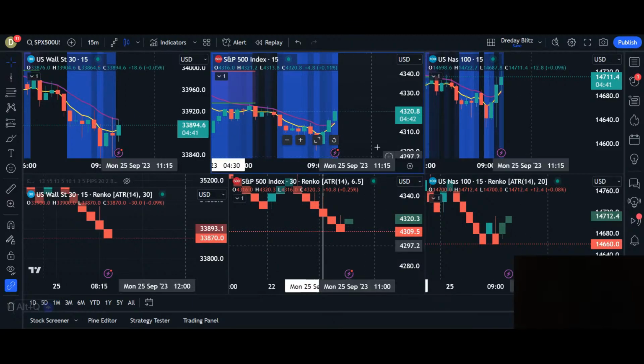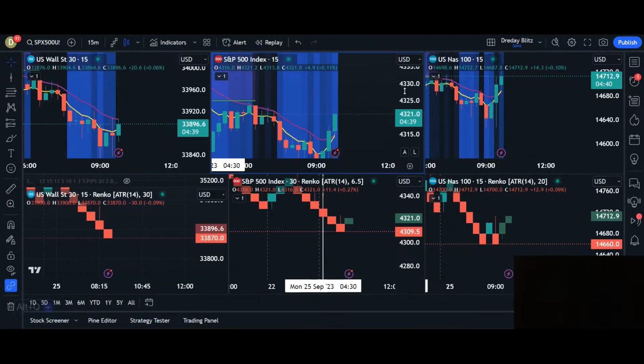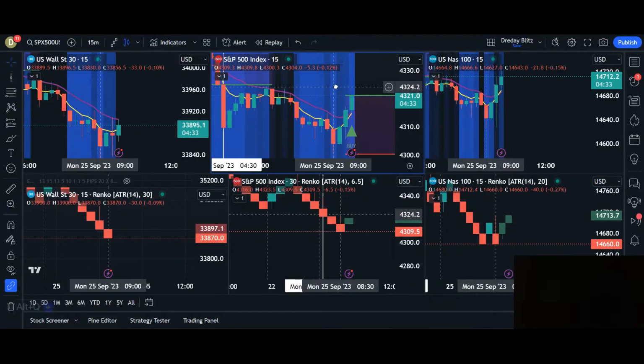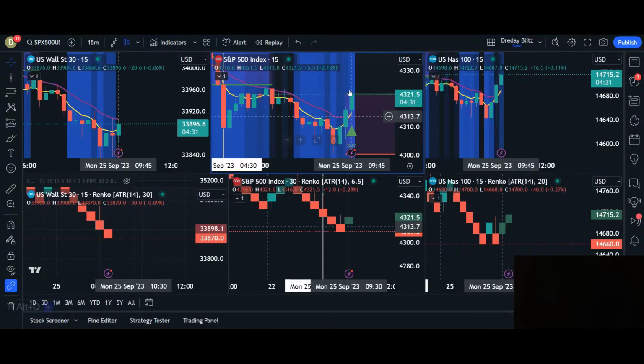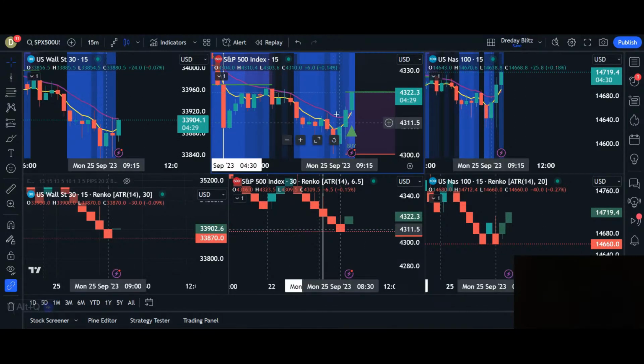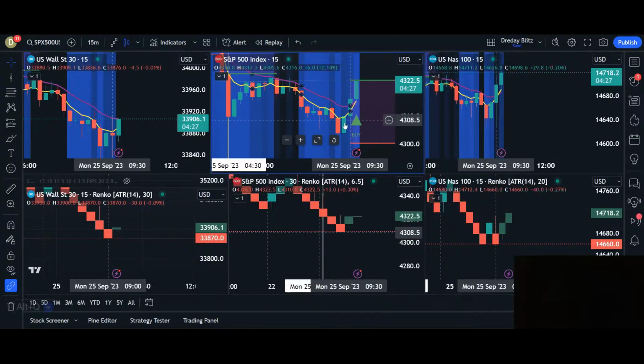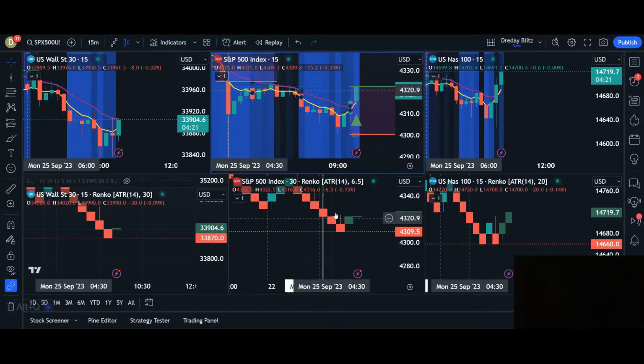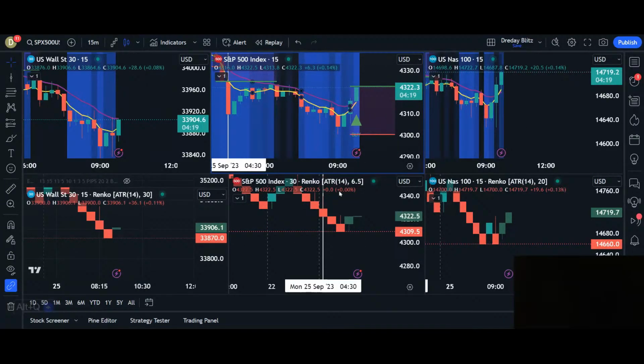Okay. So there's multiple ways to get out of the entry that you took. You have the Renko reversal, you have the reversal patterns that are really important, and the higher Renko time frame.